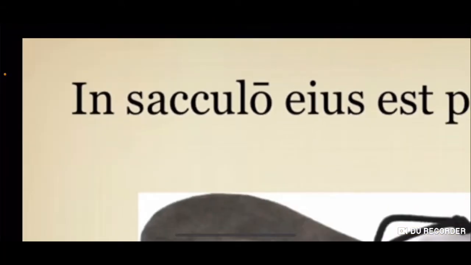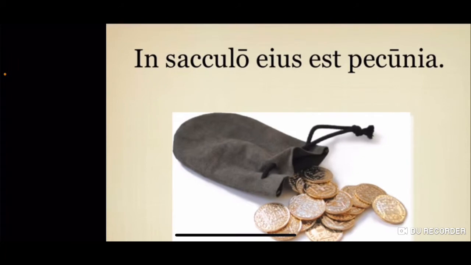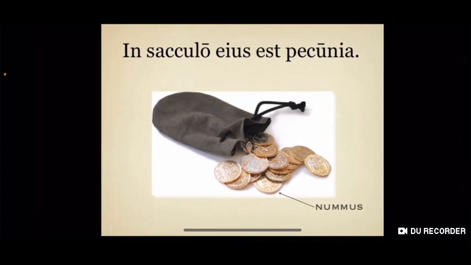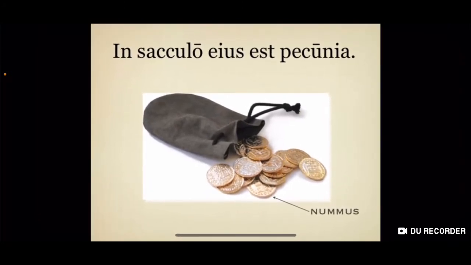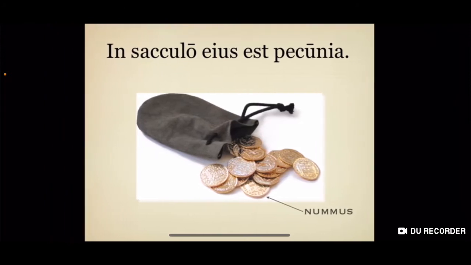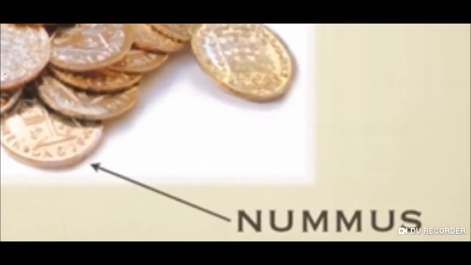We're gonna see some of that, and also we're gonna see personal pronouns, his, her, hers, and stuff like that. And then a couple other things we're gonna learn in this. We're gonna see when we get there. In saculo eius est pecunia, basically saying in the sack of hers, in his sack is money. Pecunia, a new word, money, and nummus, coin.